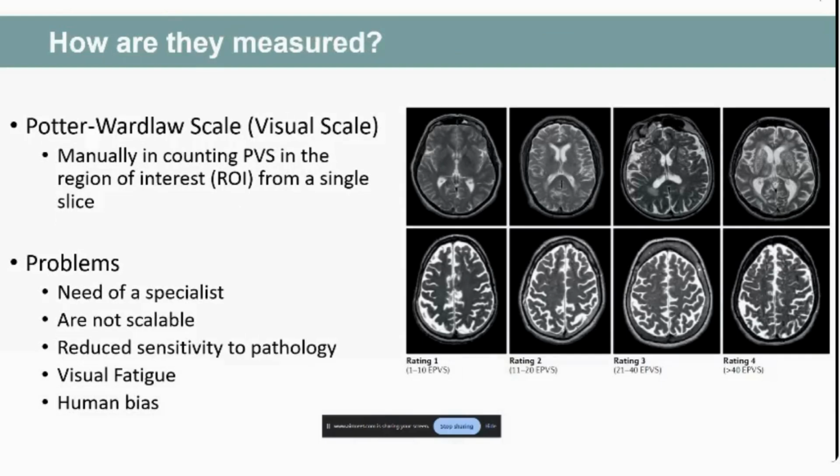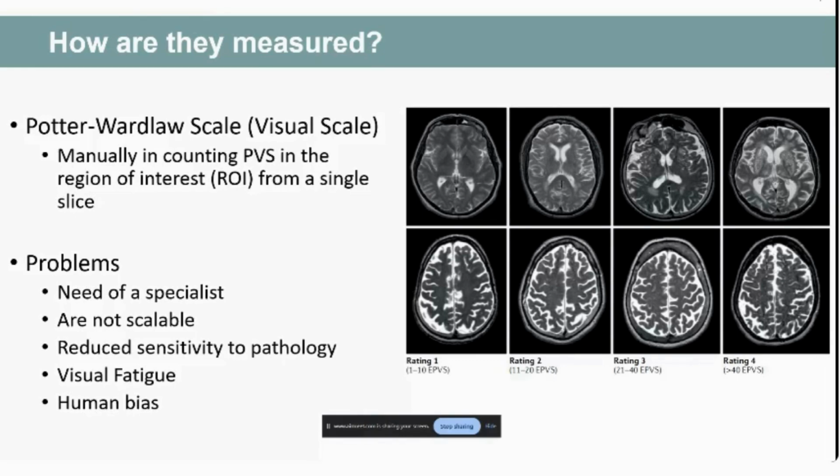How do we measure them? So doctors have developed a visual scale. The way they do it is by counting how many PVS they see in a slice. But as you can see, they cannot go through the whole brain because it's tedious work. It needs to be done by specialists, so they cannot analyze a lot of scans.